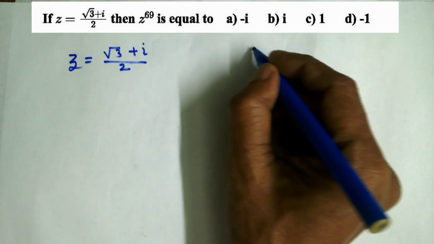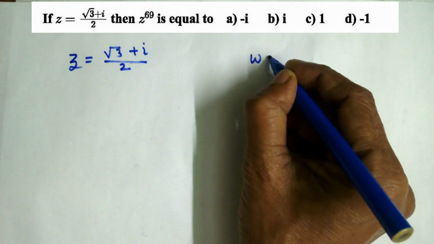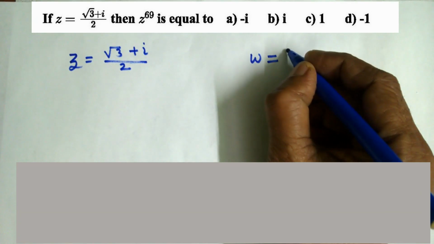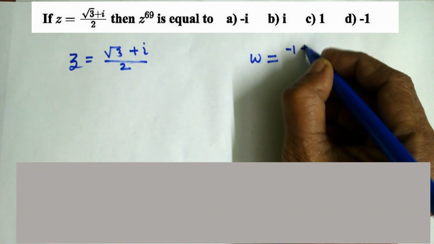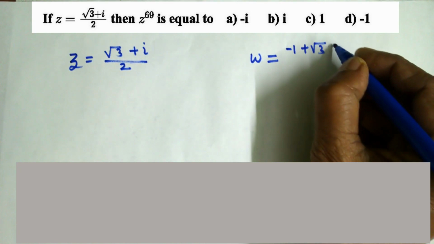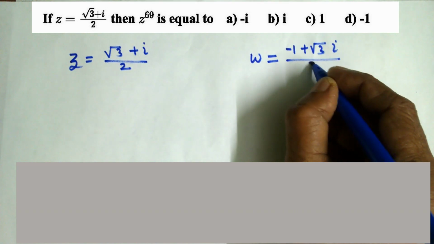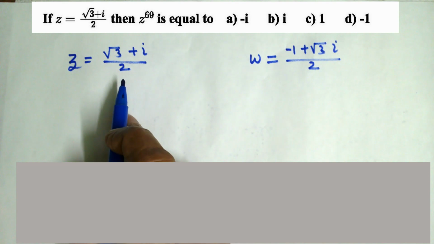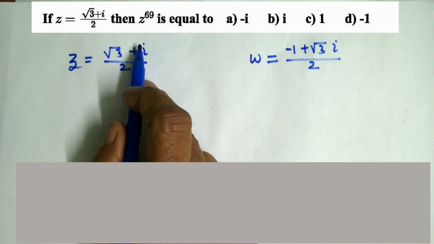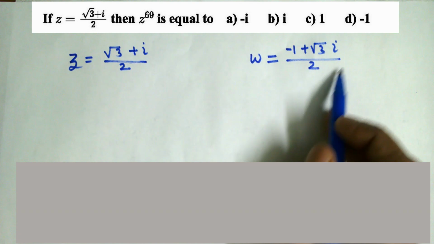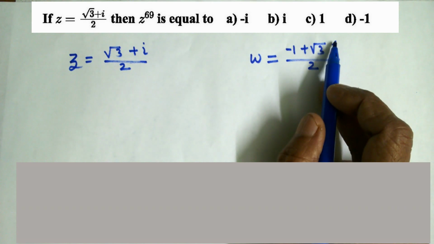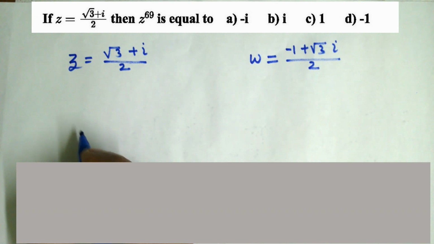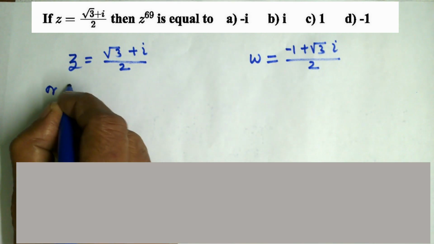It is known that omega is the cube root of unity and its value is minus 1 plus root 3 i by 2. So if we are able to reduce this to this form, then we can use omega in place of that. So try to do this.